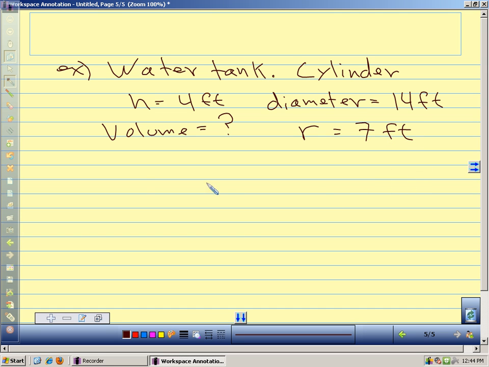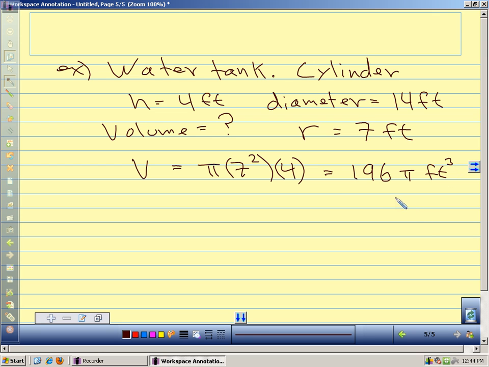So now we can plug into our formula. The volume is pi times r squared, 7 squared, times the height, times 4. If I multiply that out, you do 7 times 7, 49. And then times 4 is 196. 196 pi cubic feet.